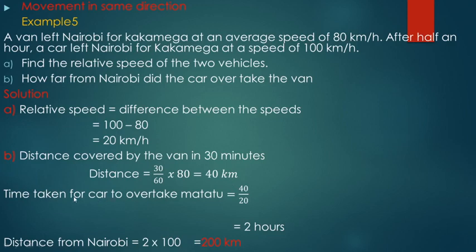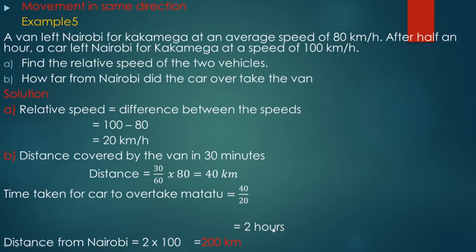So to find the time taken by the car to overtake the van, it will be the distance that the van covered before the car started divided by the relative speed, which gives you 2 hours.